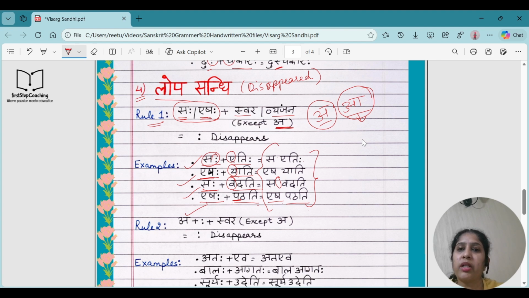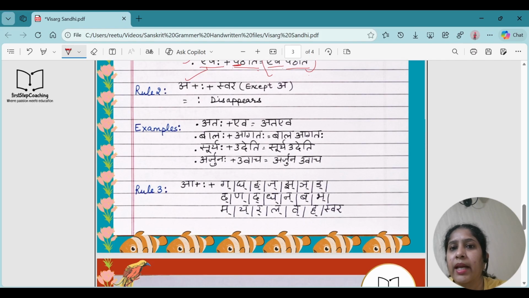When with saha and eshaha, any swar or vyanjan except a, that time the visarg will get disappeared. Right? Second rule is when the first word is ending with a and a visarg. After that, any swar is there, any swar except a.